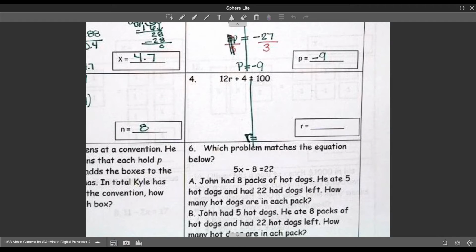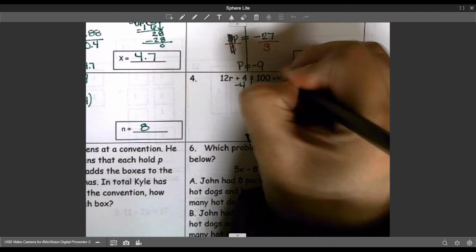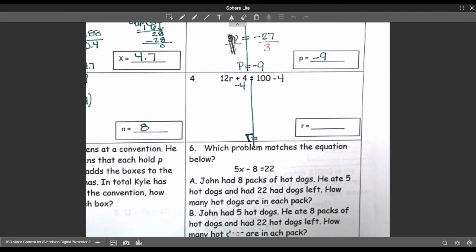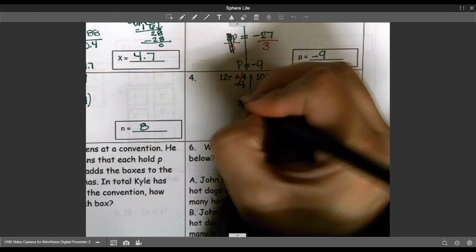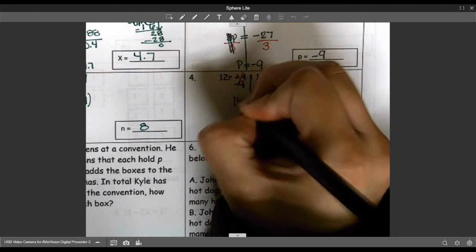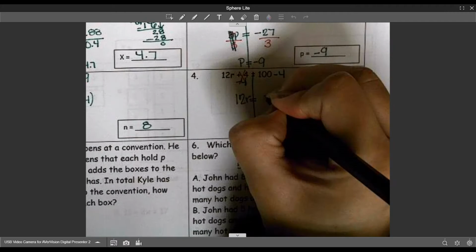Now, what is the inverse of plus 4? Negative 4. Very good. Plus 4 minus 4 gives you 0, so I get rid of it. And I'm left with 12r equals, what's 100 minus 4? Very good, 96.